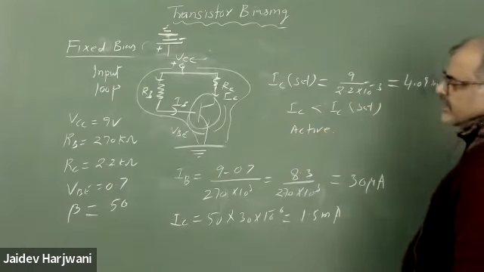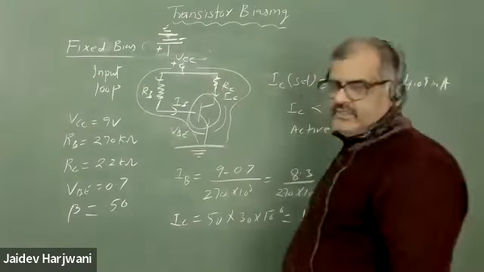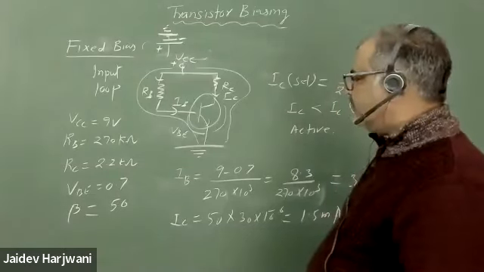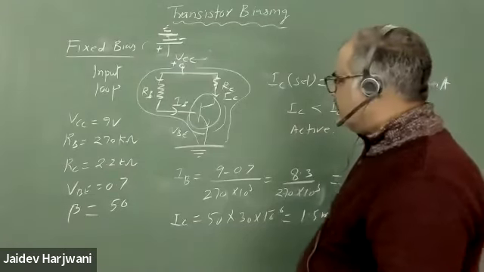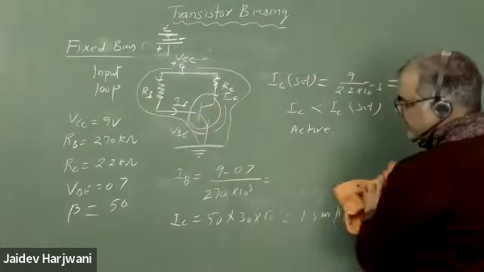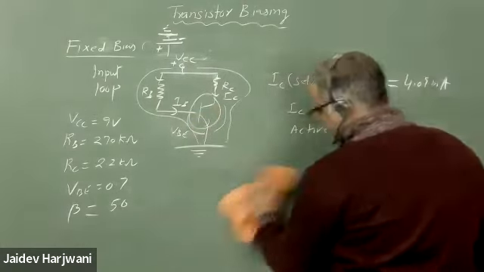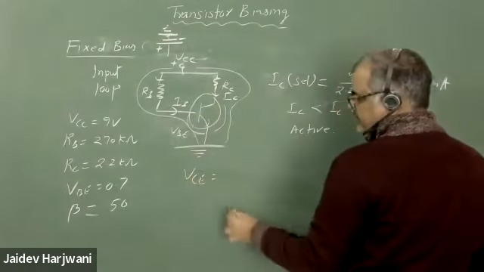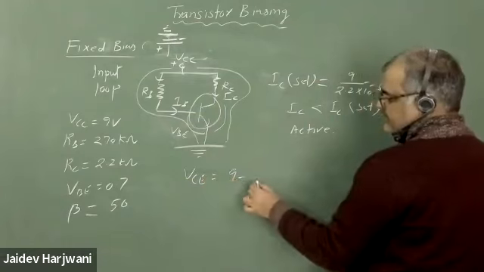And other things you can calculate: VCB. If you want to recheck, you can recheck by finding the value of VCE and then VCB plus VBE. So now just find the VCE. VCE will be your VCC 9 minus IC RC.